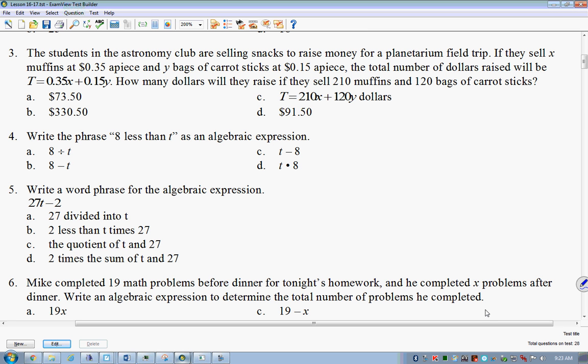All right, so I want to rewrite my equation so I have T equals 0.35 what? X, I mean, I could rewrite the whole equation again, but it's already there. So let's go ahead and times what?